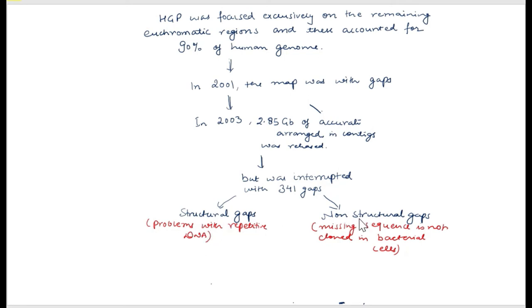The second problem was non-structural gaps. This means that when people were working with radiation hybrids, yeast artificial chromosomes, bacterial artificial chromosomes or plasmid vectors, some of the sequences were missed. They were not cloned in any of the vectors used for sequencing and marker determination, so these were non-structural gaps.